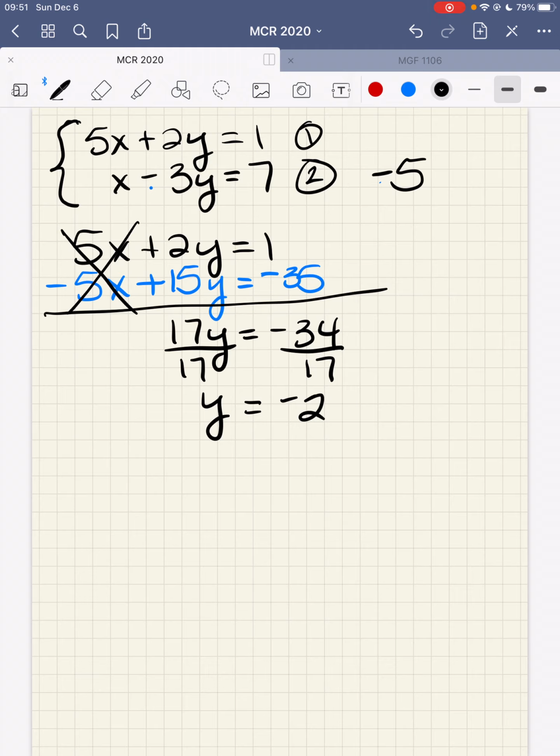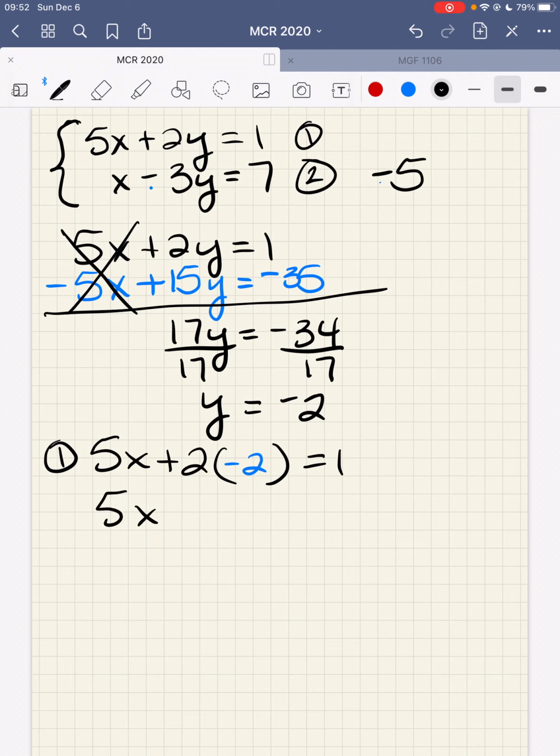Okay? Let's go ahead and plug that into either one of my equations. I'm going to go ahead and pick equation 1 to plug that back into. So I have 5x plus 2 times my -2 is equal to 1.